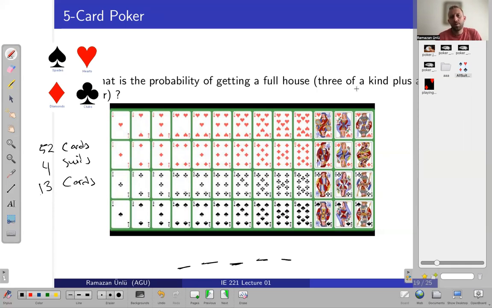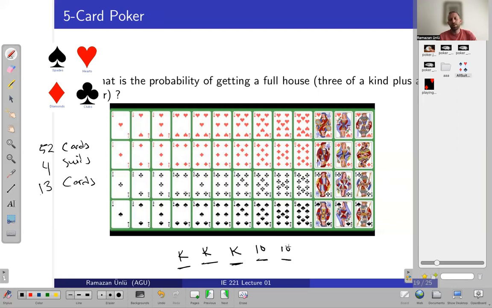It can be, for example, the King of Hearts, King of Diamonds, and King of Clubs: K, K, K, and a pair, like 10, 10.